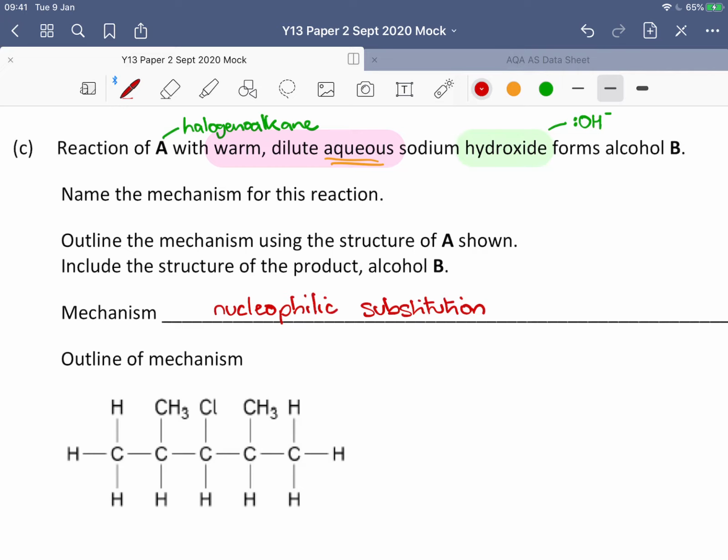Okay, and our nucleophile, let's just remind ourselves what a nucleophile is. A nucleophile is a lone pair donor. Oh, sorry, it's an electron pair donor.